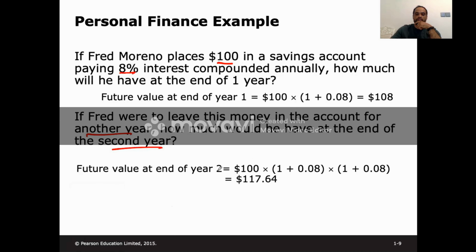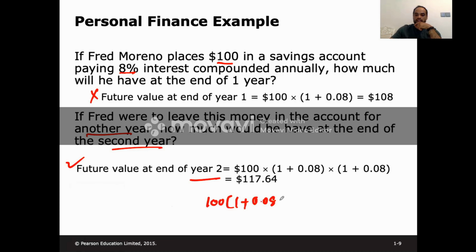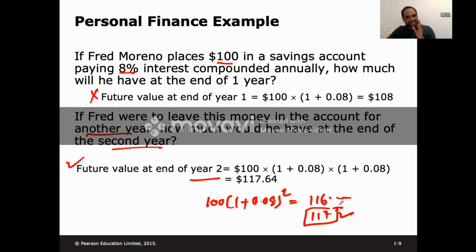Another years means 2 years. So that's year 2. That's your question, not this one. So you can write 100 times 1 plus 0.08 for 2 years. If you solve it, it's going to be 117. I'm not sure, it's going to be 116 or 117. Can you please check 116 point something? So it's going to be approximately 117. I didn't write the exact answer, but approximately 117.